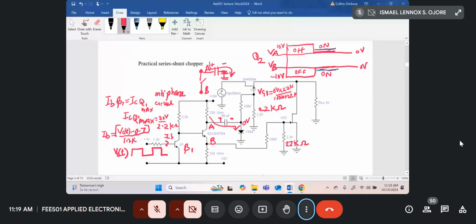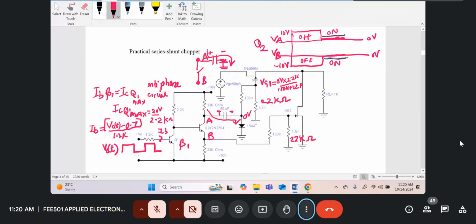Now, when Q2 was off, it must mean that the top switching transistor, the 2N856A, was on. And let's look at point B when the transistor was off.